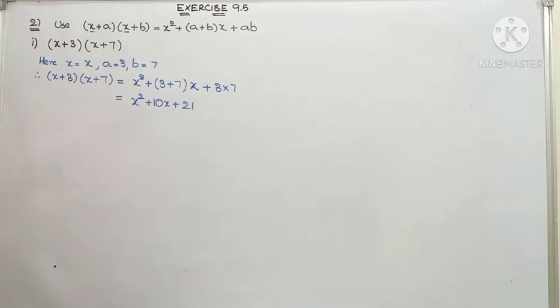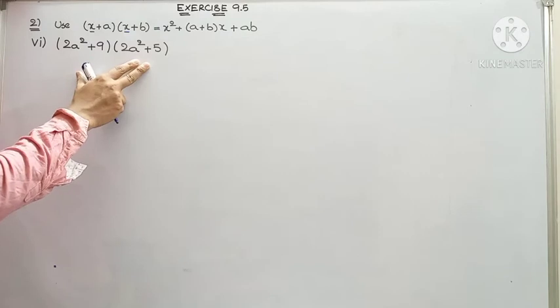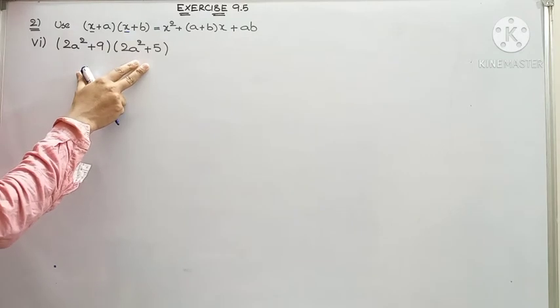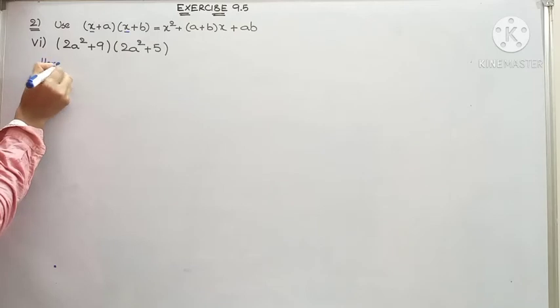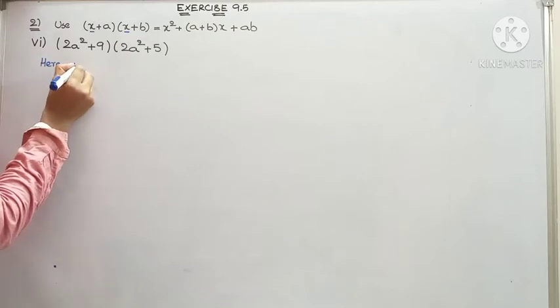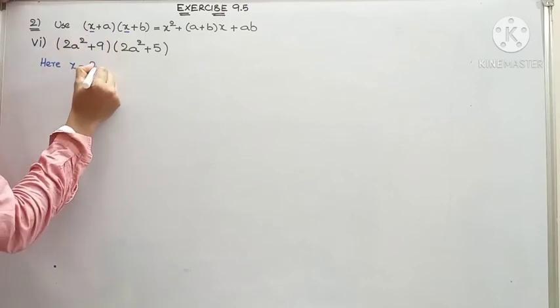Now I am moving to the sixth question of this exercise, children. Please observe the board: (2a² + 9)(2a² + 5). Please check the board carefully. Now, what are the values of x, a and b here? Here x is equal to 2a², the common term.